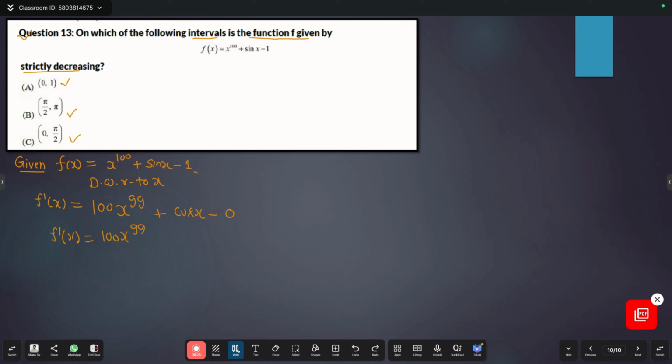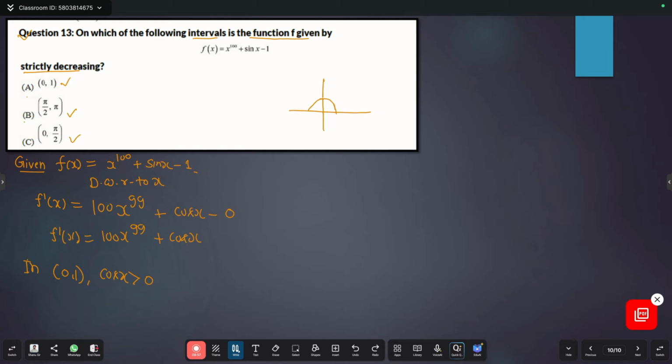Now f dash is 100 x power 99 plus cos x in the open interval 0 to 1. Cos x is greater than 0 always here, because the graph of cos x is like this. Cos 0 is 1.